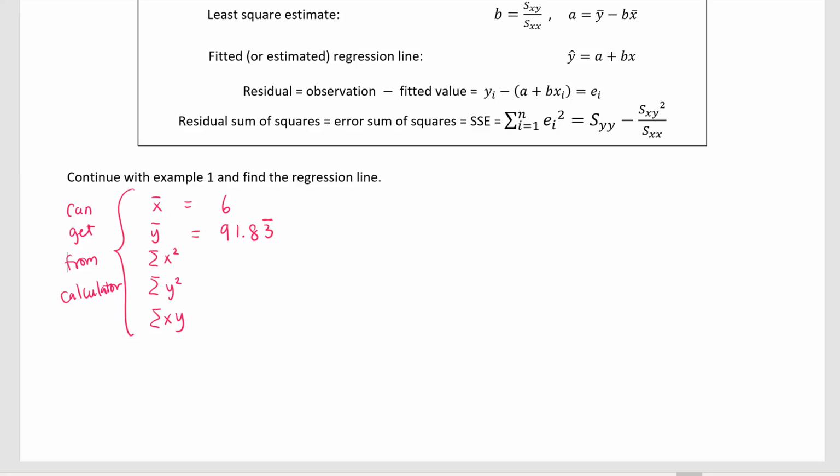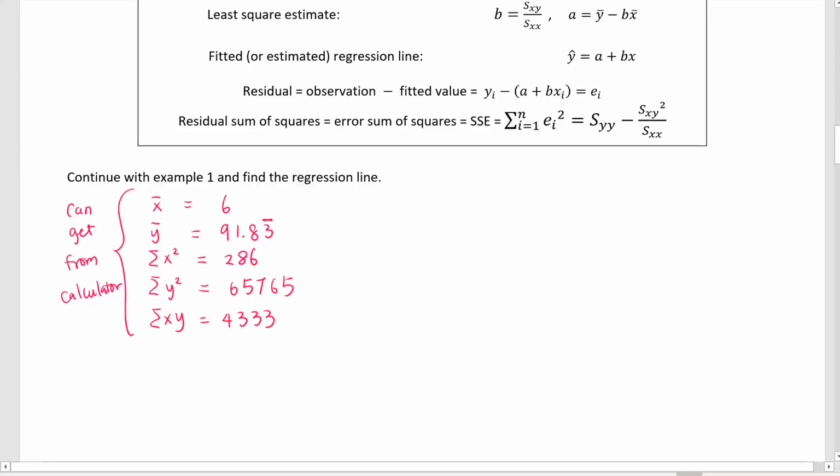And then sum of xi square is all the xi's squared and added up. You can get this from the calculator directly. We get 286. Sum of y squared is 65765. Sum of xy is 4333. So these numbers, you can get from your calculator.